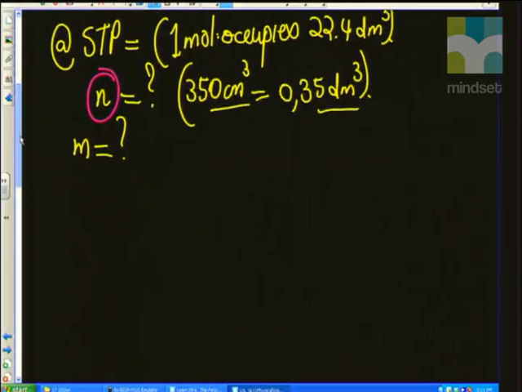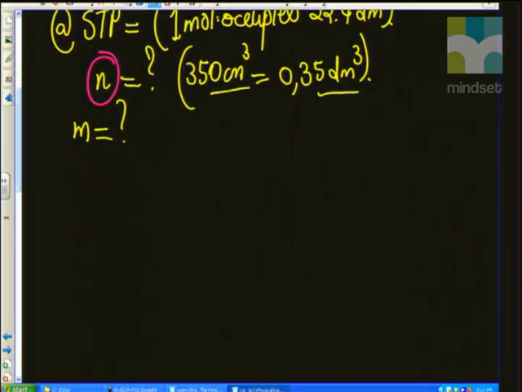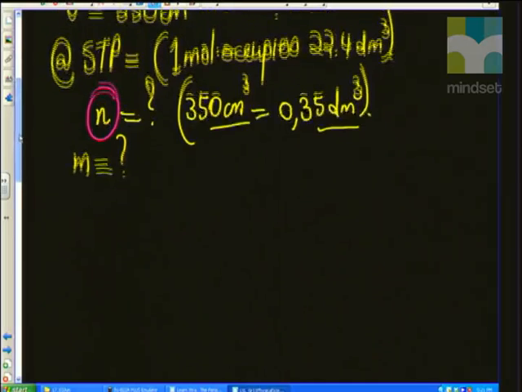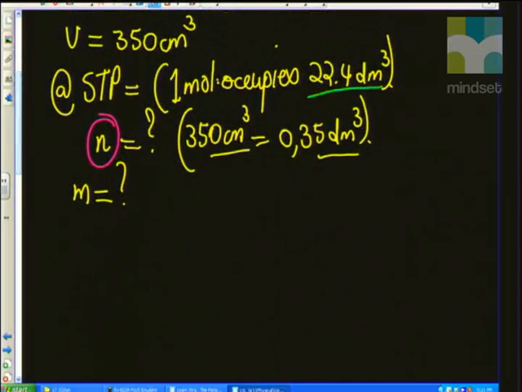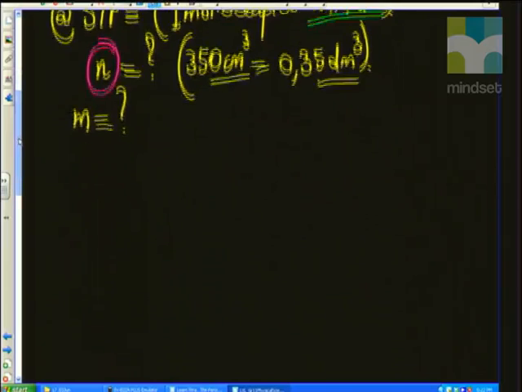Because we know the molar volume, the volume occupied by 1 mole, and we know the exact volume occupied by this gas, we can say the number of moles of the gas available, n, will be found by the given volume divided by the molar volume.